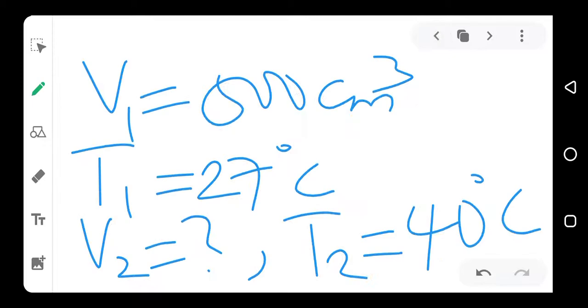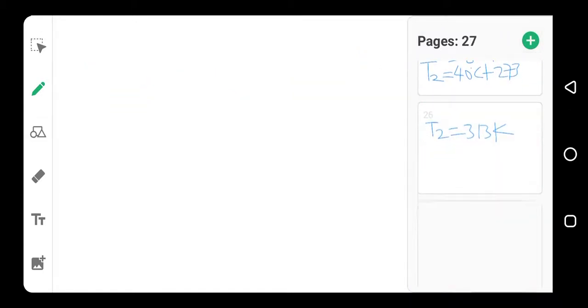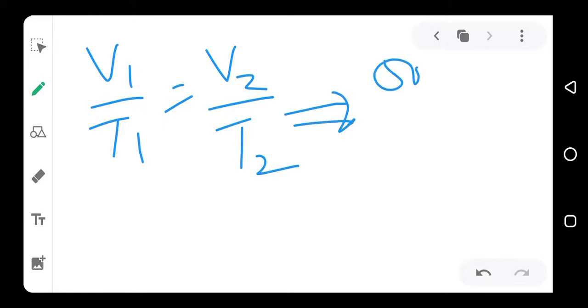Then our first volume is 500 cm cube, and we are looking for the second volume. Now if we put everything in the Charles law, V1 over T1 is equal to V2 over T2. This becomes V1 is 500.